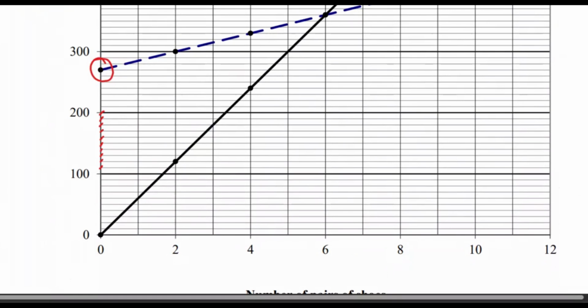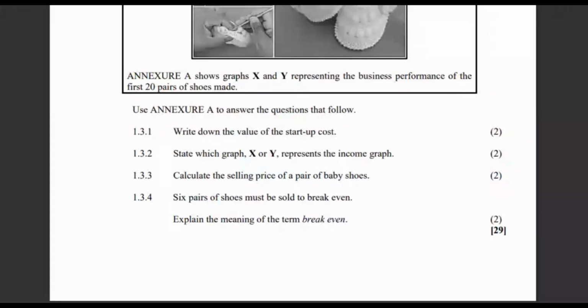So this one is at what line? 1, 2, 3, 4, 5, 6, 7. So it's 270. Yes, because we've counted the lines. So the startup cost is 270 rands. There we go.